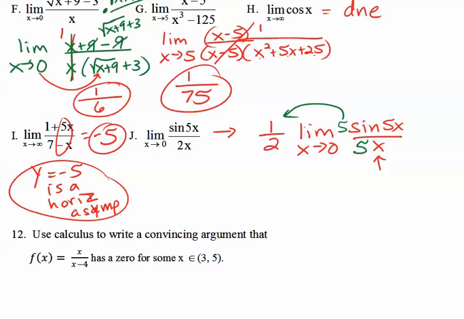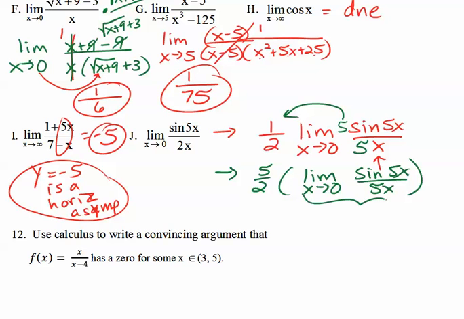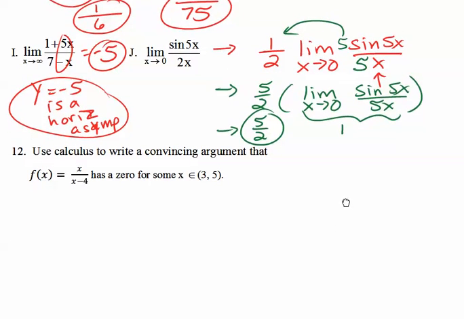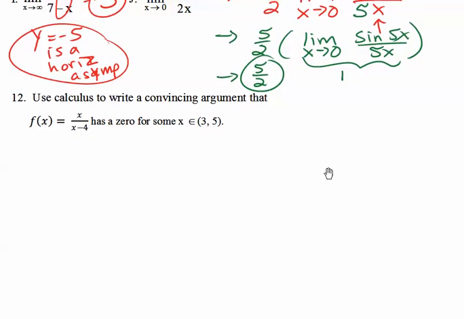But rather than putting it there, we're going to bring it out in front. So then we would have 5/2 times, and now we've got our theorem, sine of a glob over the glob, and this goes to 1. So our result would be 5/2. That's a theorem you need to remember, by the way.